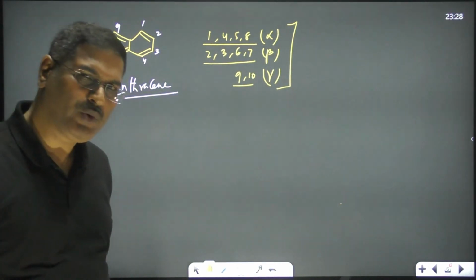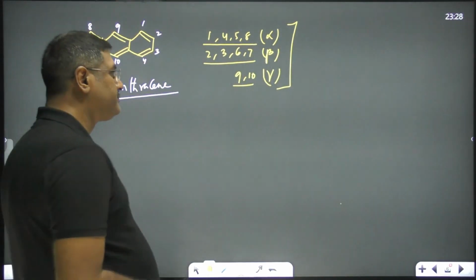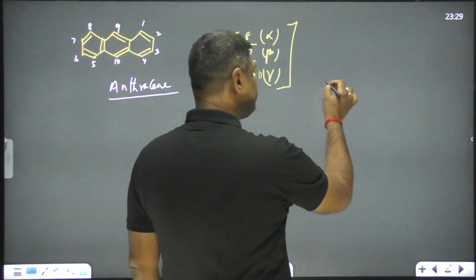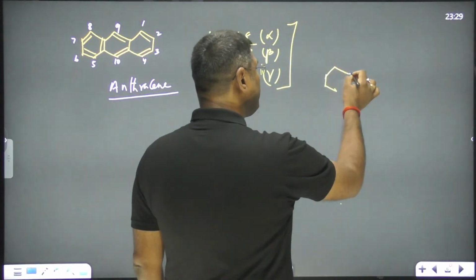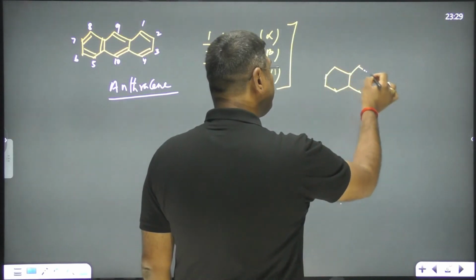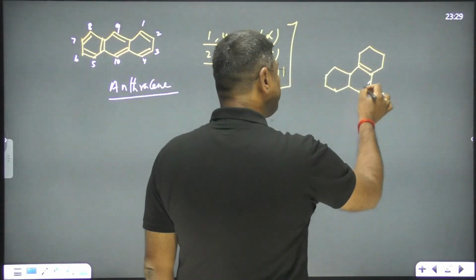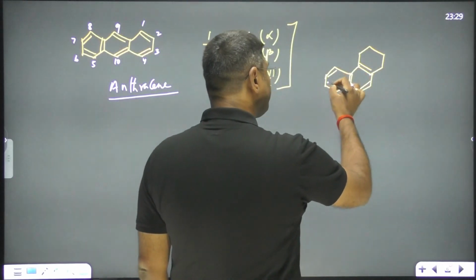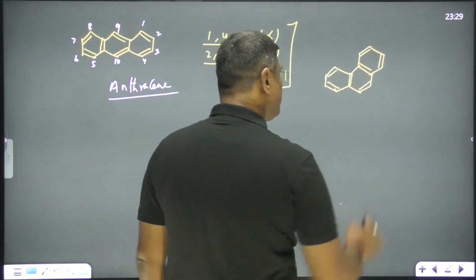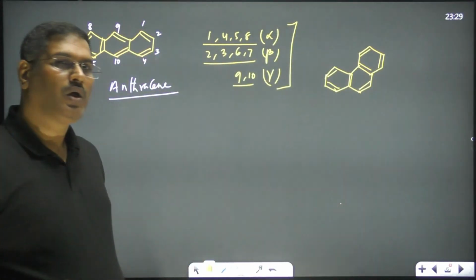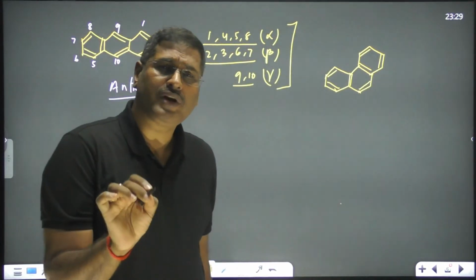Will you try one more? Try. I am asking here, for phenanthrene, the number of position isomers for the mono-substituted phenanthrene.